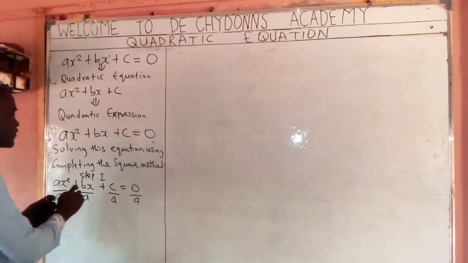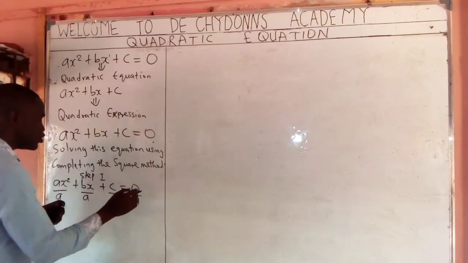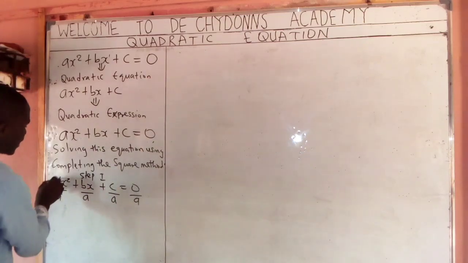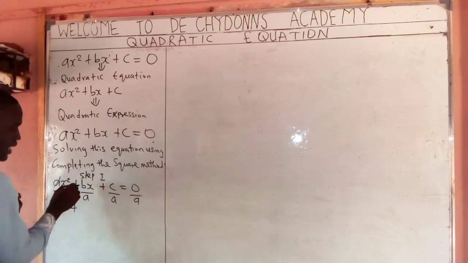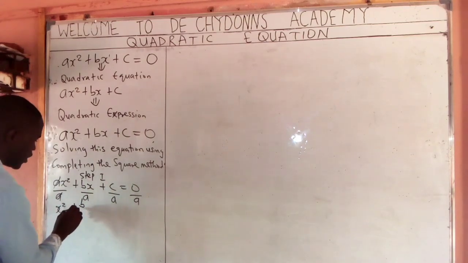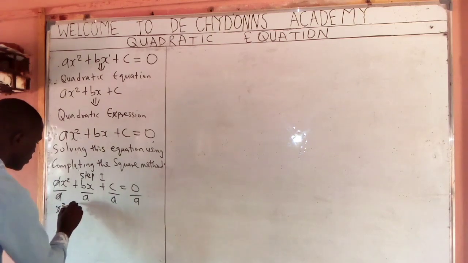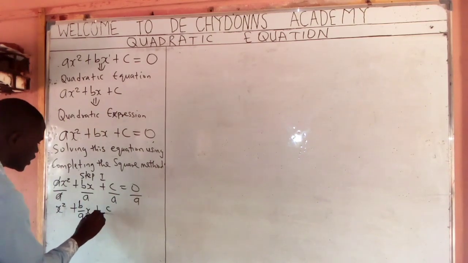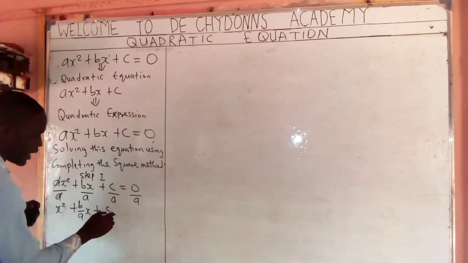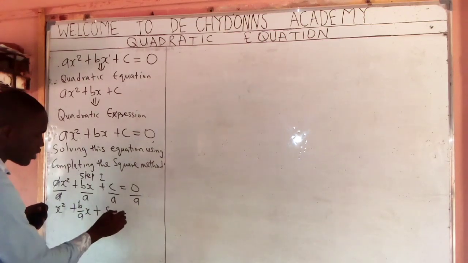Now, after you have divided by a, this will cancel this, leaving x squared plus this. Can this cancel this? No. You write b over a x plus c over a, because they are not the same to cancel. And a divides 0, giving 0.